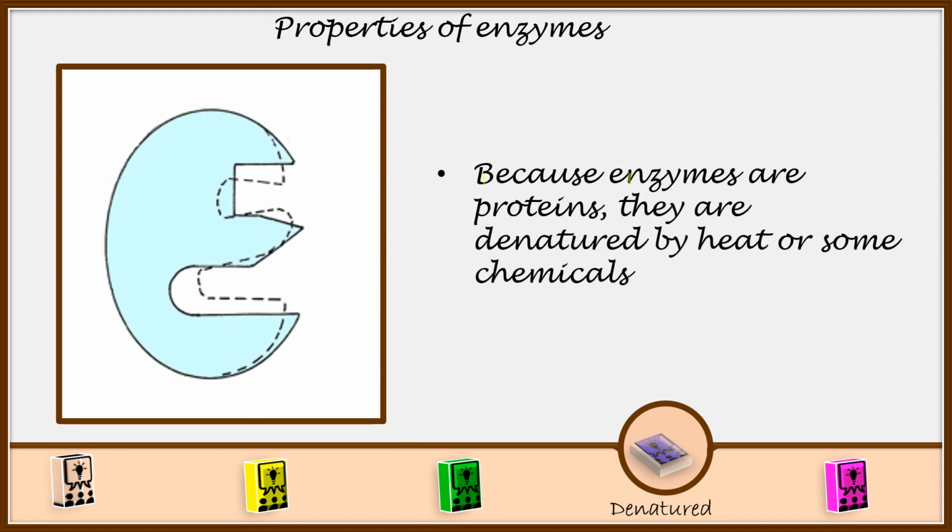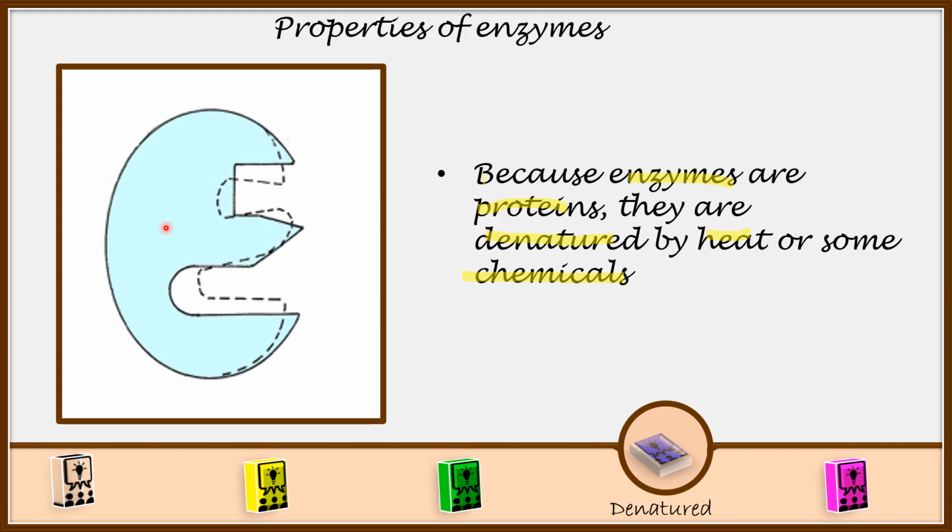Because enzymes are proteins, they are denatured by heat or some chemicals. We saw that enzymes are made up of proteins, and the proteins are made up of amino acids. These amino acids form bonds and join together. When they form hydrogen bonds, these hydrogen bonds maintain the shape of the enzyme or the shape of the active site.